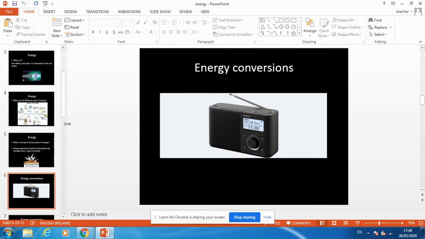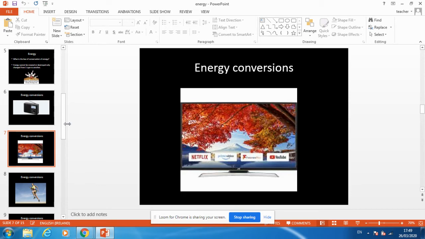Now, in terms of conversions, girls, and how this comes up in exam questions, so energy conversions. If we look at a radio, you've got electrical energy, if it's plugged into the wall, being converted to sound energy. So that's a type of energy that we want from a radio. You look at a TV, you've got, again, electrical energy being converted to light and sound energy, and sometimes a little bit of heat energy, which you don't want. So that's not a good energy transfer.